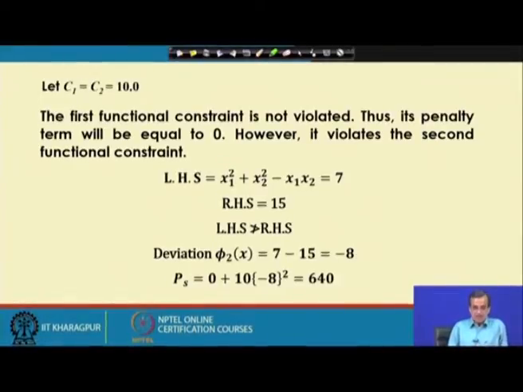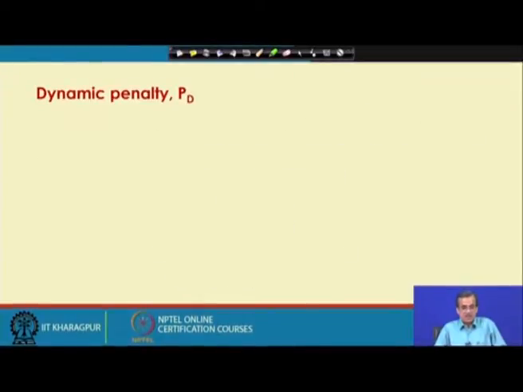So I can find the amount of static penalty, which is 0 for the first functional constraint, because there is no violation there, and for the second functional constraint this is 10 multiplied by minus 8 square, and we get 640. So this is the amount of the static penalty. This is the way we calculate the penalty value using the static penalty approach.